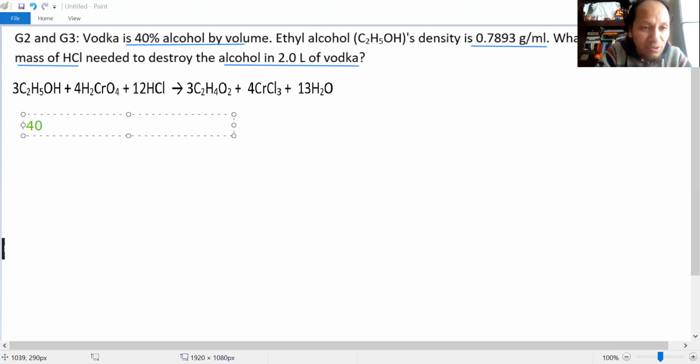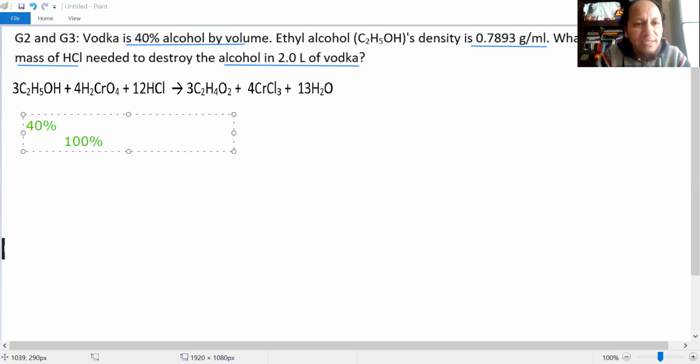Since I know the conversion factors, in the lower part you put 100%, we know it is, so what will be the 40%? Knowing that the 100% is the 2 liters of vodka, right? Vodka is the 100%, but 40% is the alcohol in there, okay?